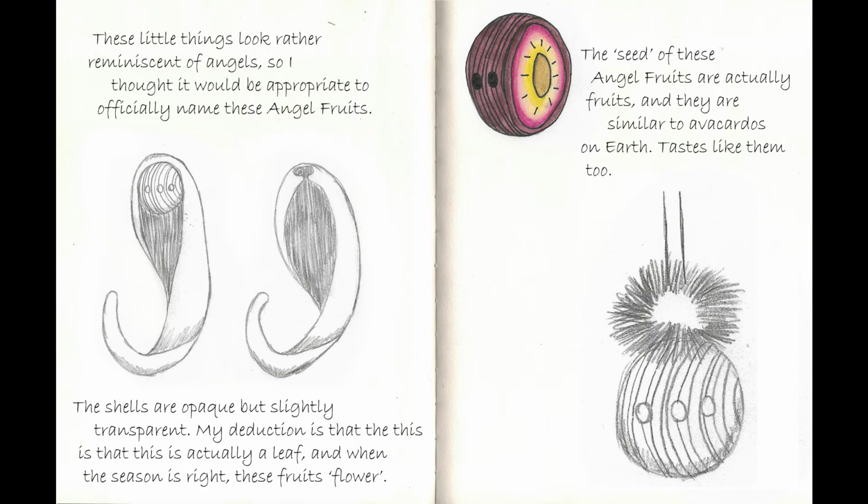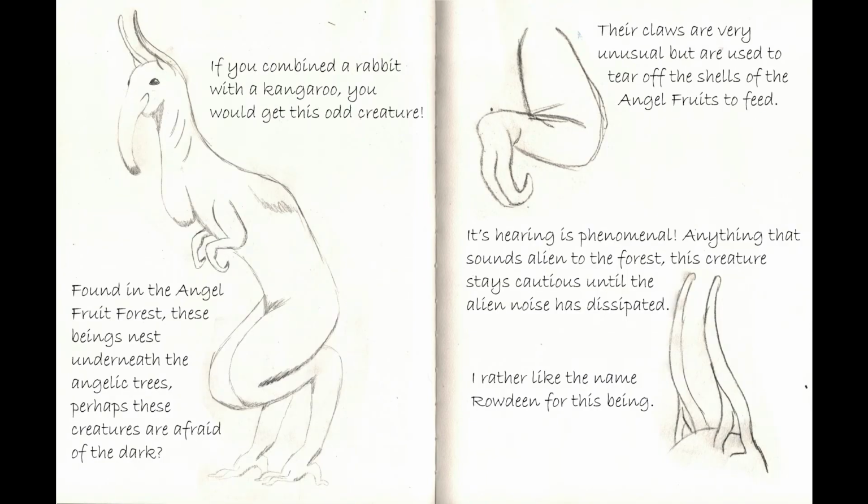Now, in this journal entry, it talks about the angel fruit actually being a flower, and the shell fans out to make it look like it's got angel wings, and that's where you can get the fruit, which is like the little face, and you can eat it. It tastes a bit like an avocado too. The next journal entry is the Rowdine, which also lives in the angel fruit forest.